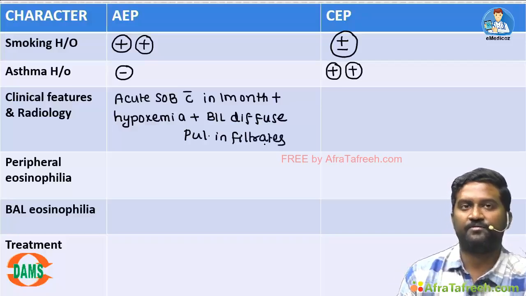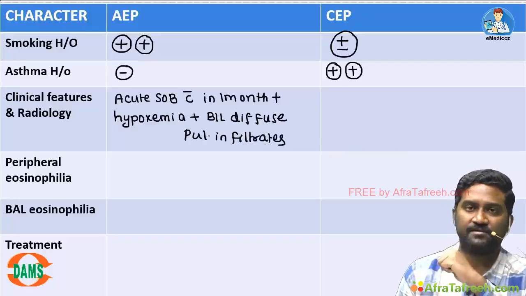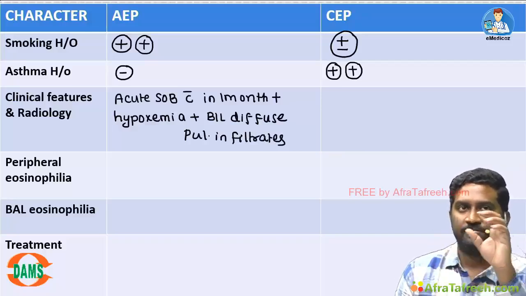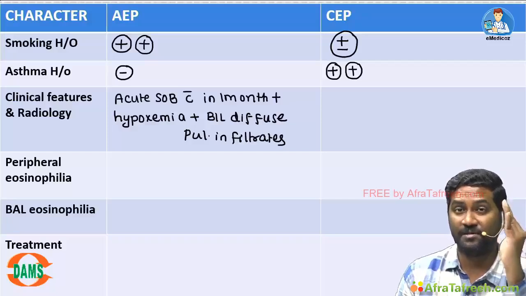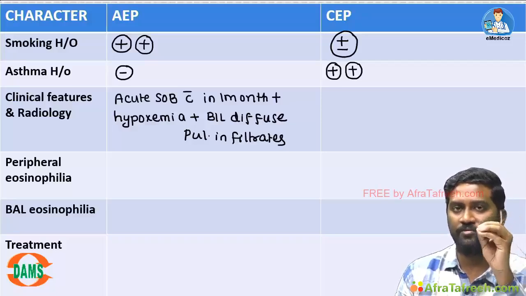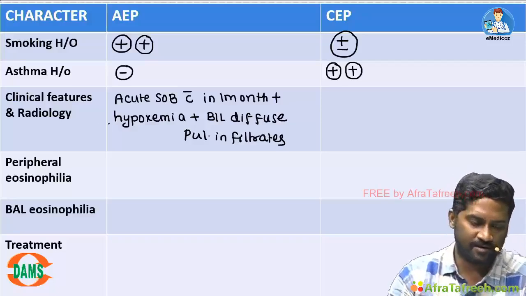Where did we come across such a presentation previously? ARDS. So the clinical features of acute eosinophilic pneumonia can be similar to ARDS. Now let us see how acute eosinophilic pneumonia is different.